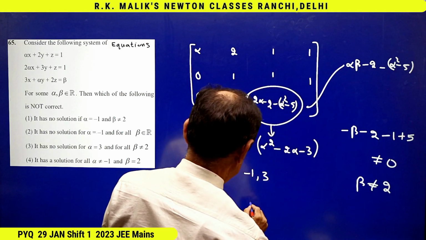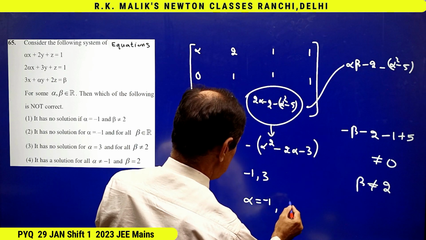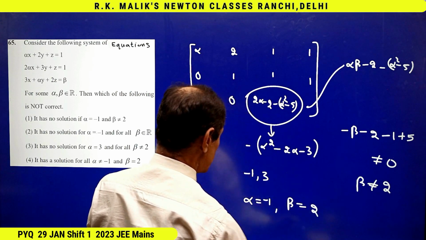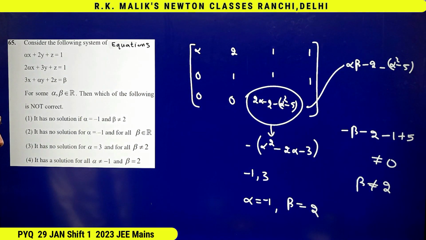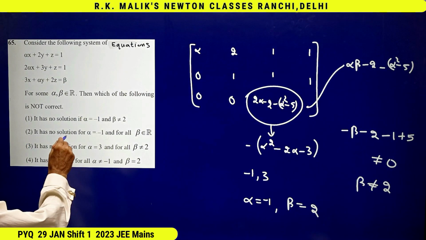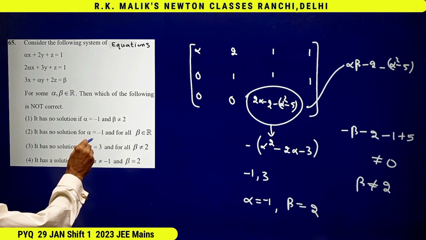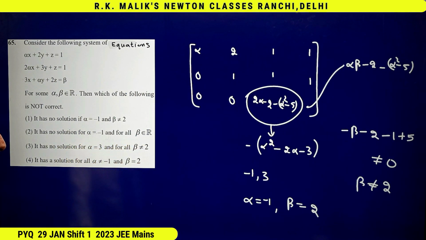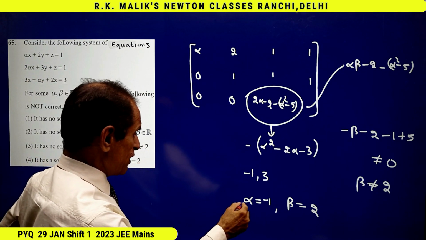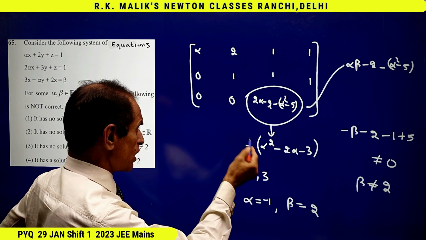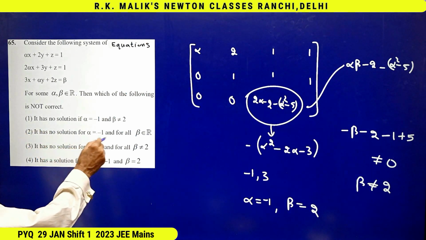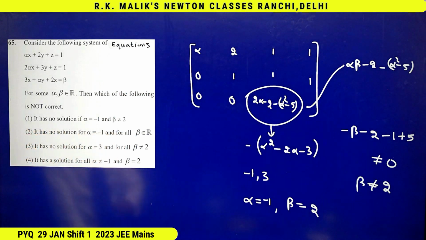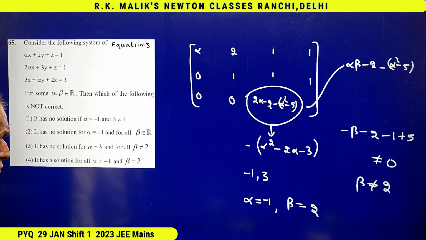Hence, if alpha is minus 1 and beta equal to 2, then an infinite number of solutions will be there, but it is saying no solution for alpha equal to minus 1 and for all values of beta. But no, for alpha equal to minus 1, beta equal to 2, there are infinite solutions. Because information of second choice is wrong, second choice can be taken as the correct choice.